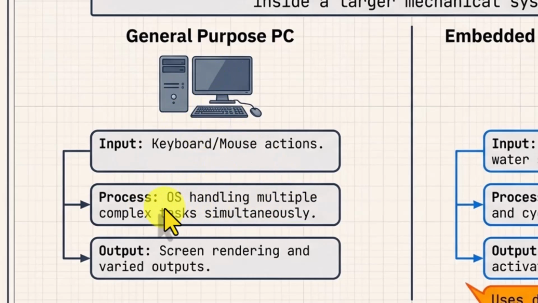The data that you give to the computer will be processed by the instructions of the operating system and the hardware. And output is screen rendering and varied output. It has different types of outputs: a display that can show you things, speakers, or many other forms of output.